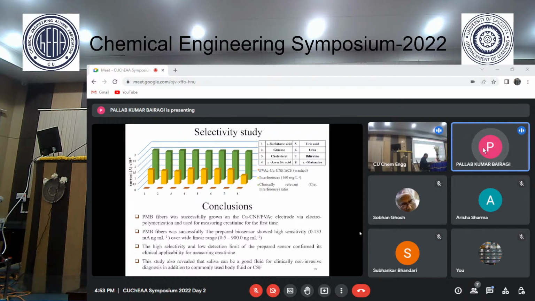It was also checked whether the material is applicable in other biological fluids like saliva, cerebrospinal fluid, and others for the testing of creatinine or not. And it was observed that this can be successfully applied for creatinine testing in these biological fluids also.